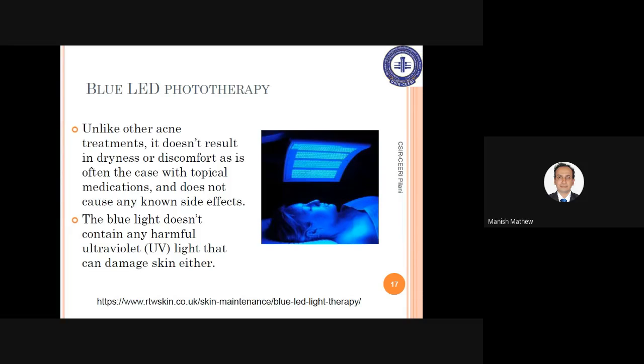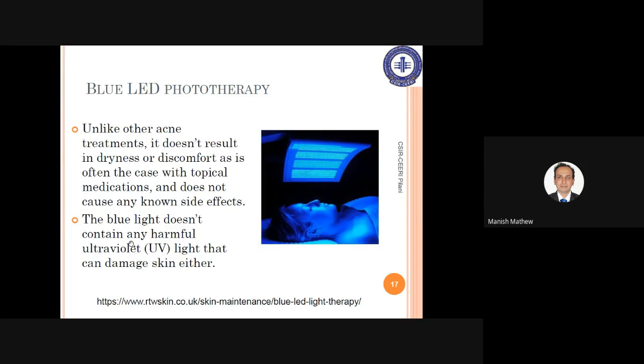As I said, unlike other acne treatments, it doesn't result in dryness or discomfort. Sometimes when you put medicine on the acne, there is irritation, or sometimes swelling or pain. But with this light, there is no dryness or discomfort, unlike topical medication, and it does not cause any side effects.